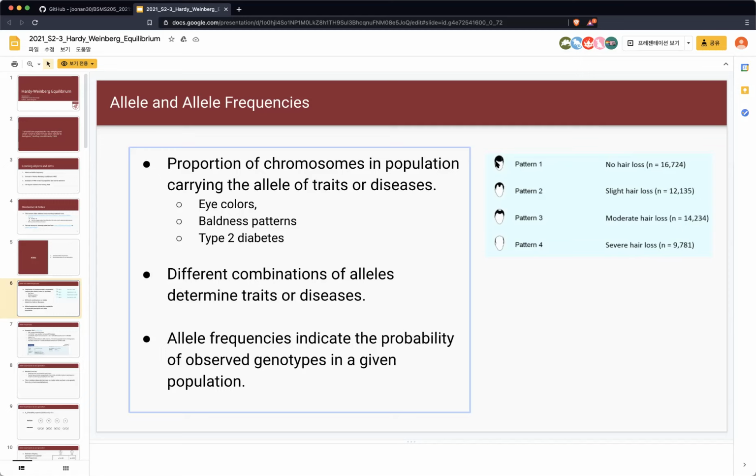Baldness comes in very various formats in a population, but for simplicity, they define baldness into 4 categories. Pattern 1 is no baldness, so no hair loss, pattern 2 has some M shape, pattern 3 has the O shape, and pattern 4 has the most severe. This is the way we define the phenotype in a population or in a clinic situation.